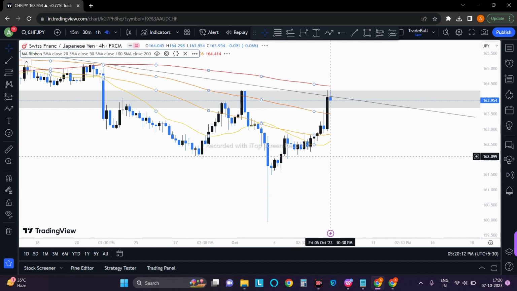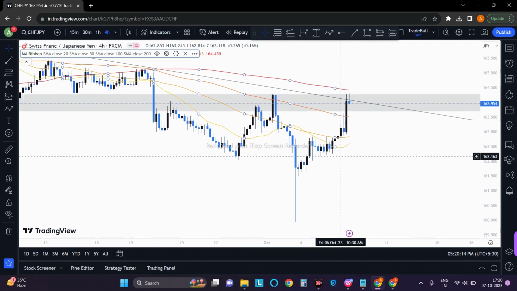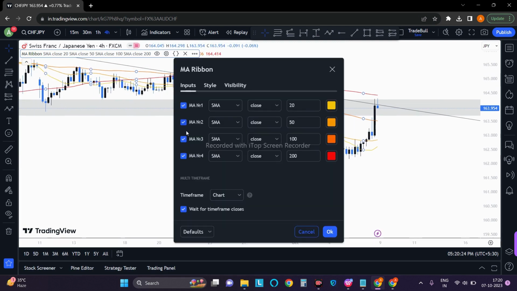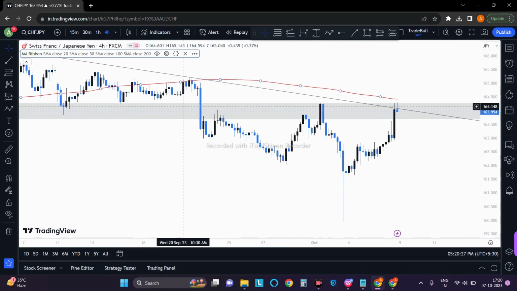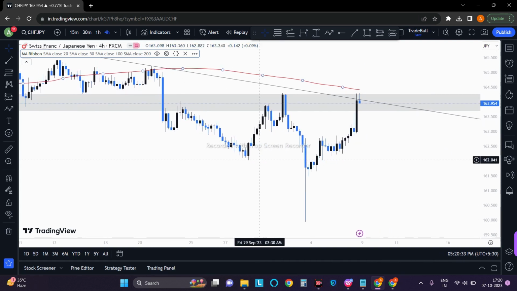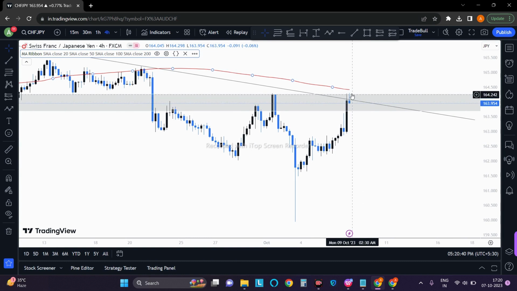If I move to the 4 hourly chart, again you can see price is almost testing the 200 moving average. Last time that happened, let me remove all other averages for you, right? So here you can see price tested it, flushed to the downside immediately. And here where the confluences are multiple, it's a lot of numbers to support, you can see price is almost testing.